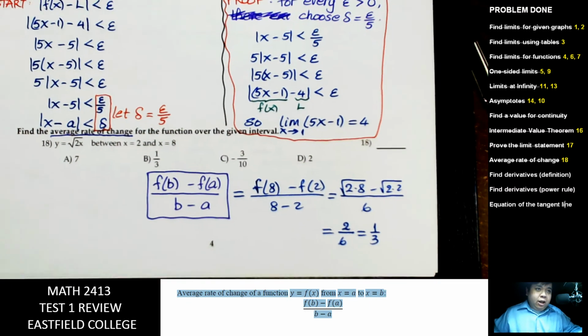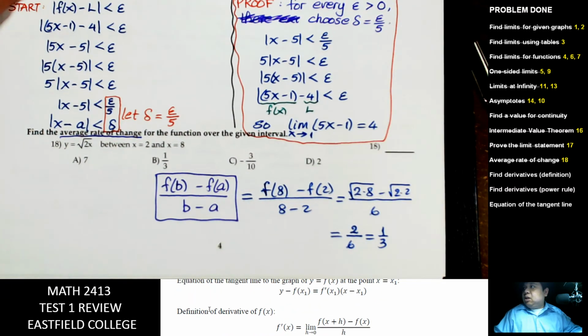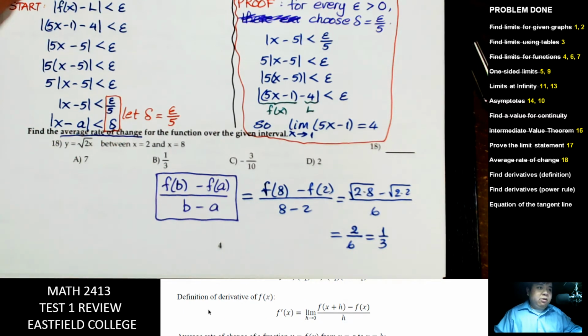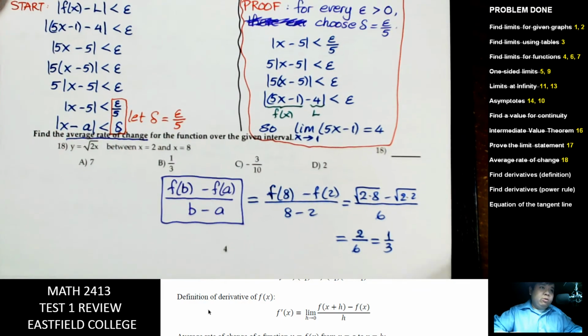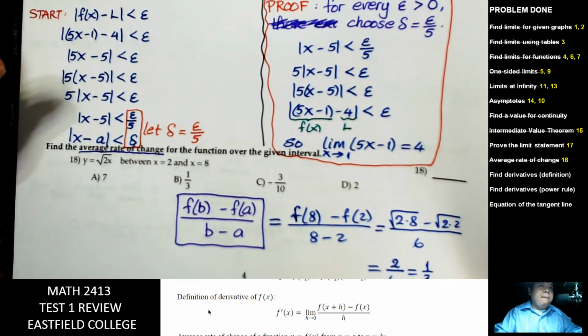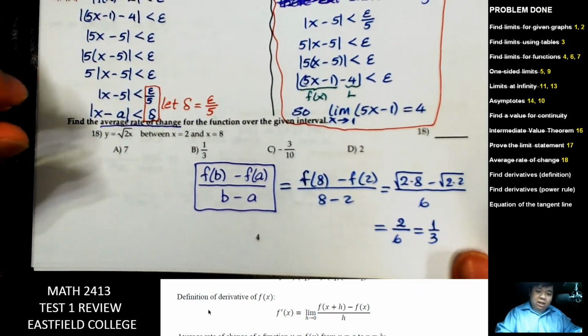Right. Next we have the definition of derivative, to find the derivative using the definition. Right, so that was 18.